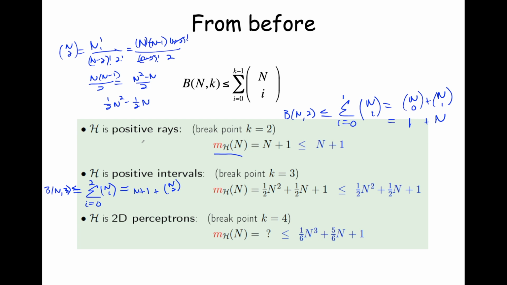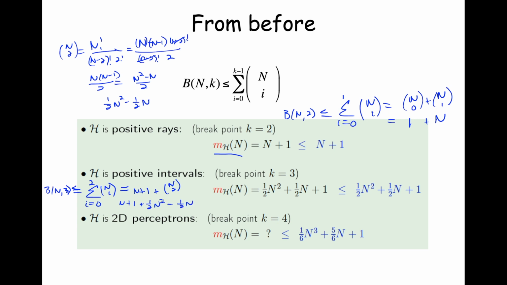Now, of course, we already had n plus 1. So we have n plus 1, and then we're going to add to it that 1/2 n squared minus 1/2 n. So we have n plus 1 plus 1/2 n squared minus 1/2 n.